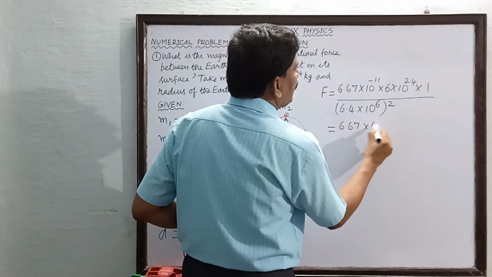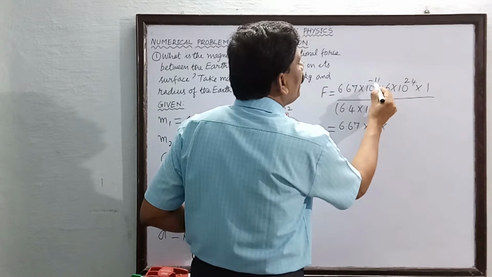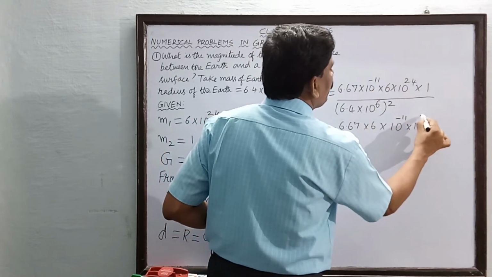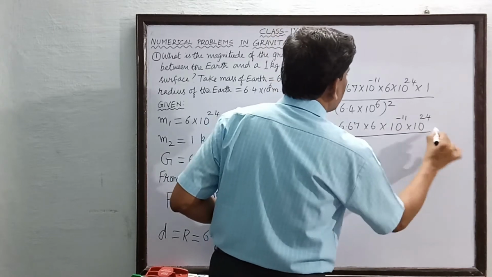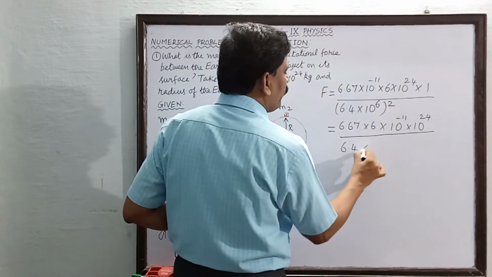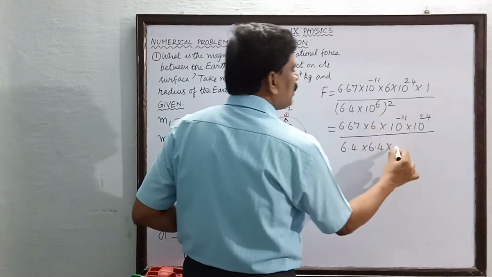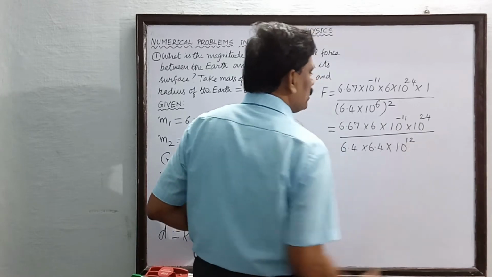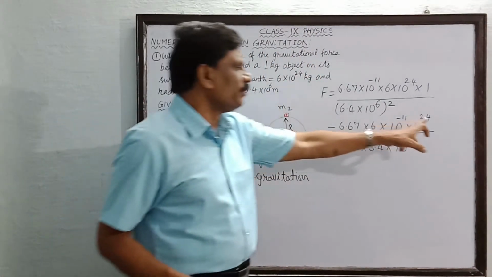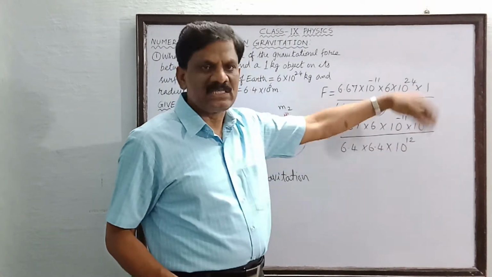So this is equal to 6.67 into 6, I am multiplying only the numbers first, into 10 to the power of minus 11 into 10 to the power of plus 24, whole divided by 6.4 whole square, which is 6.4 multiplied by 6.4, into 10 power 6 whole square, which is 10 to the power of 12. Now you can see here this 12 will come up as 10 power minus 12, is it not?